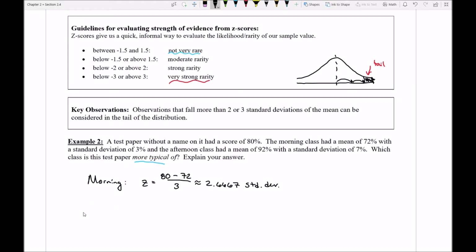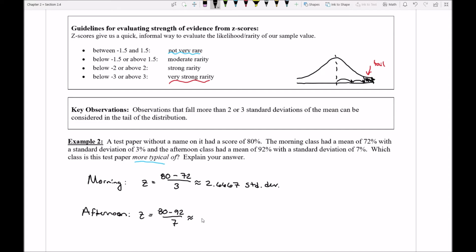Okay, well, let's see what the afternoon class is doing. If I take a look at the z-score associated with the afternoon class, again, I have my score of 80. I'm going to have to subtract off the average, which is 92, but I get to divide by 7. So again, I should get something like negative 12 over 7.